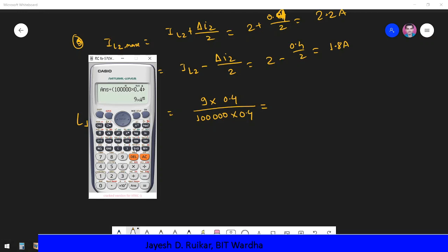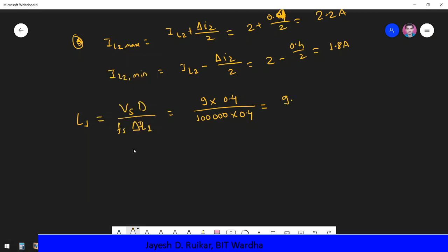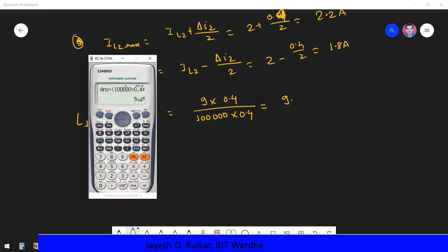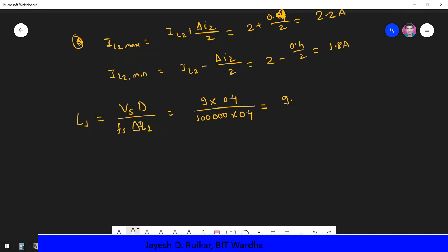It will be around 9 into 10 to the power minus 5, or you can directly say it as 90 microhenry. This is the value of L1.